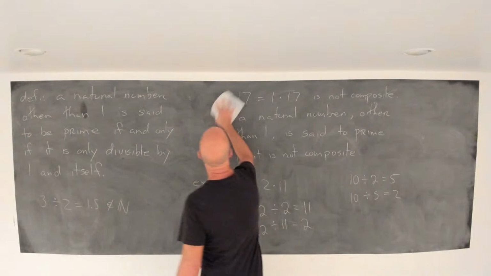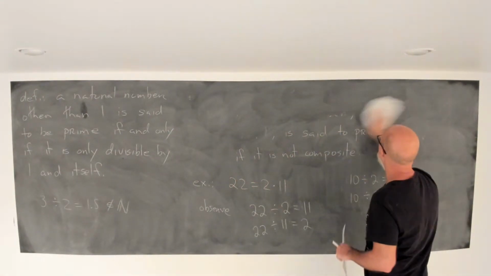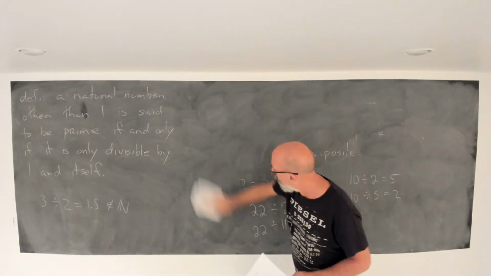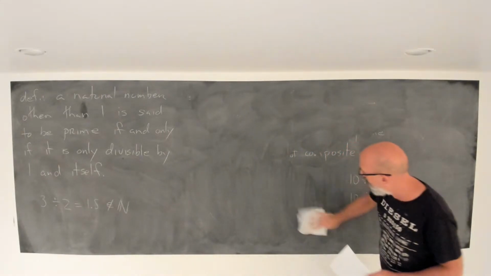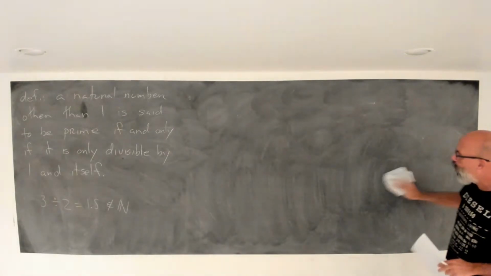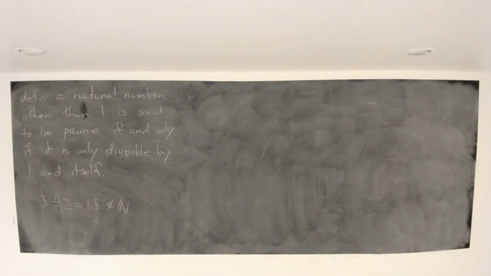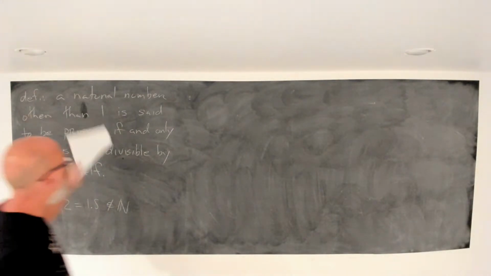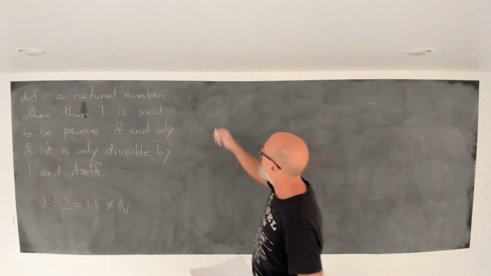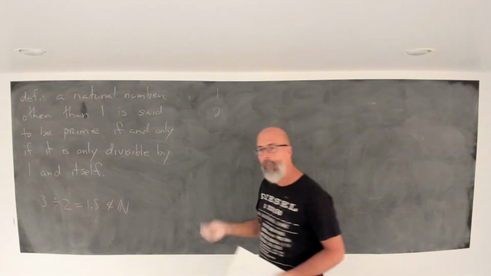Let's list the first few natural numbers and ask ourselves, are these prime or composite? And we're going to leave one aside for obvious reasons, right? Because by definition, 1 is not a prime number. So what about 2?